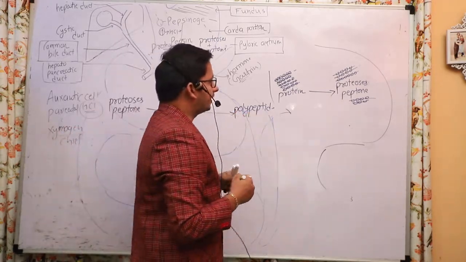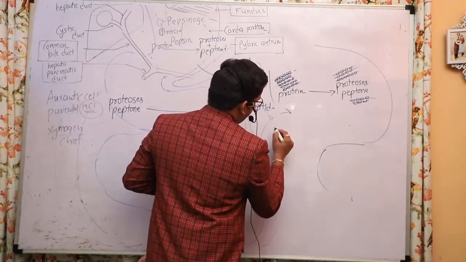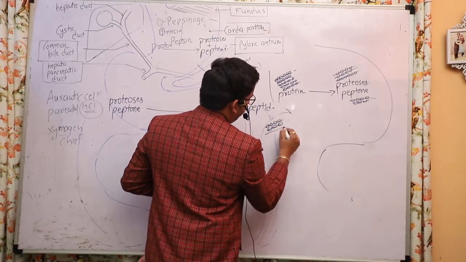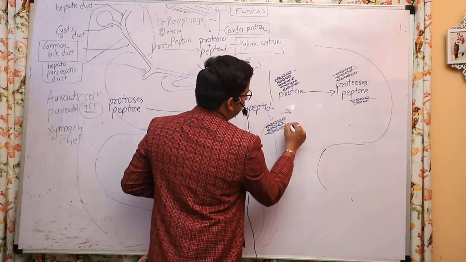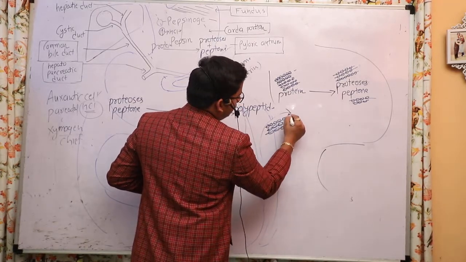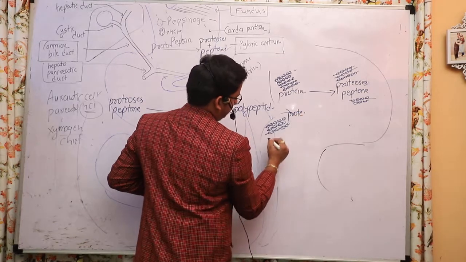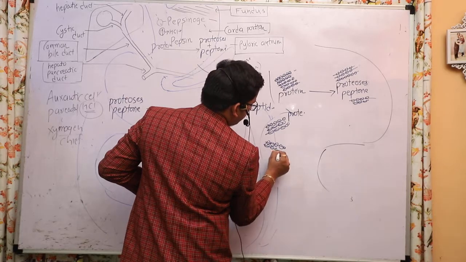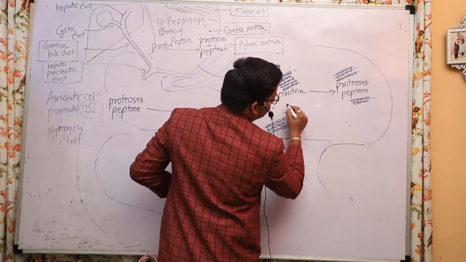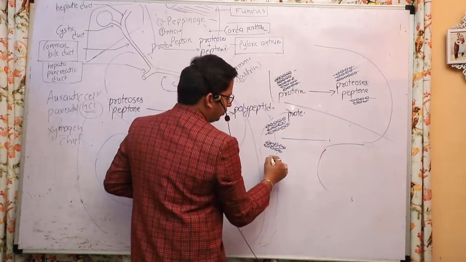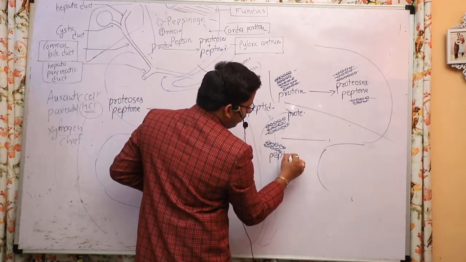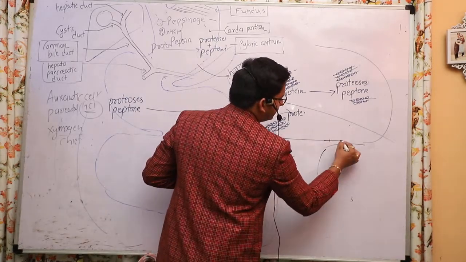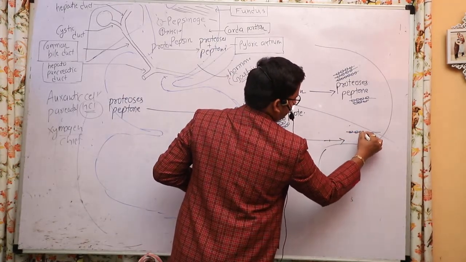You can see the proteoses in this figure: chains 1, 2 and 3 are called proteoses, and these 2 chains are called peptones. During digestion of proteoses and peptones, these 3 and these 2 chains will be separated into single chains.